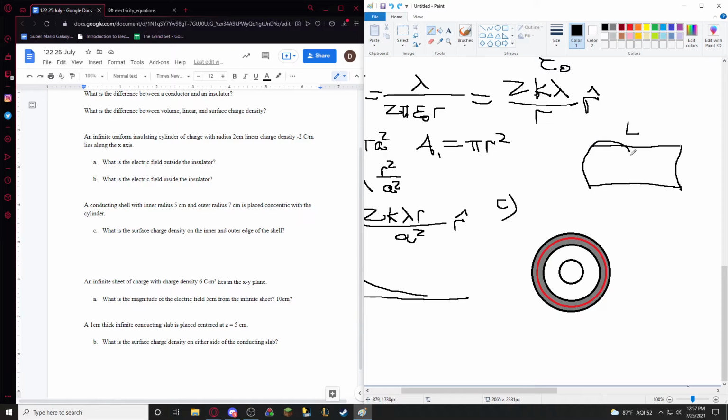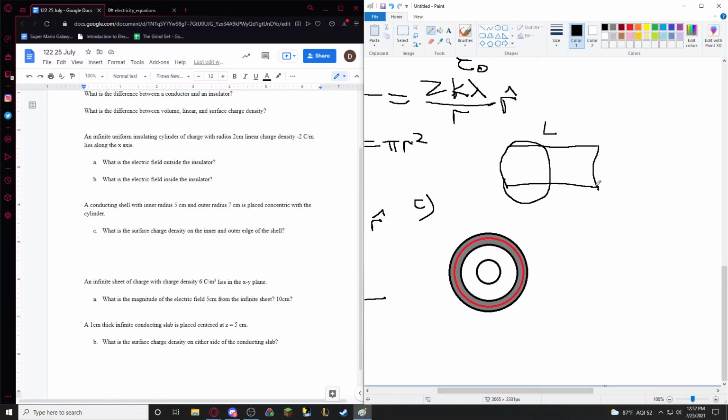The total charge would just be 2k lambda over r. That's electric field. Oh, whoops, I'm being dumb. The total charge is supposed to be negative, right? Because it's supposed to be Q over L. So what's Q?